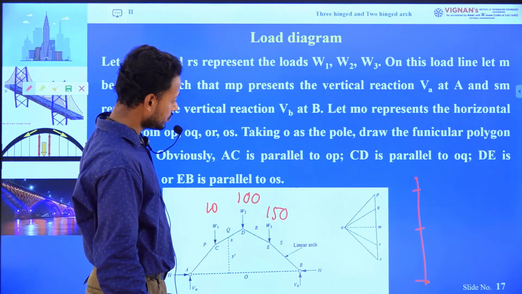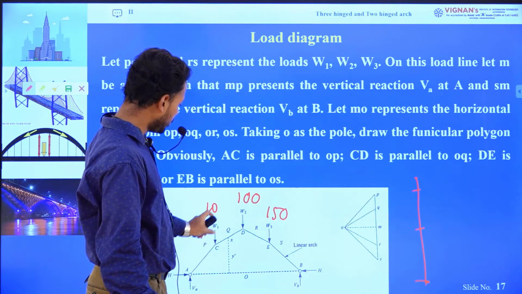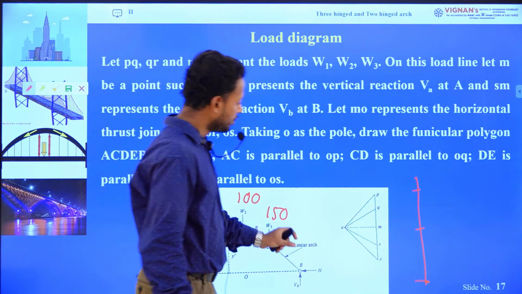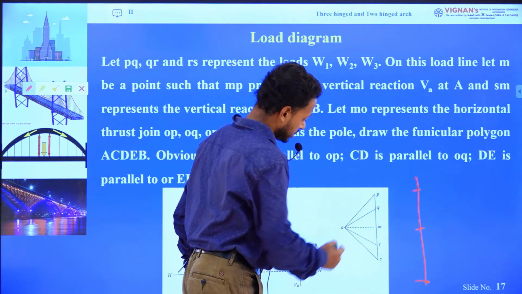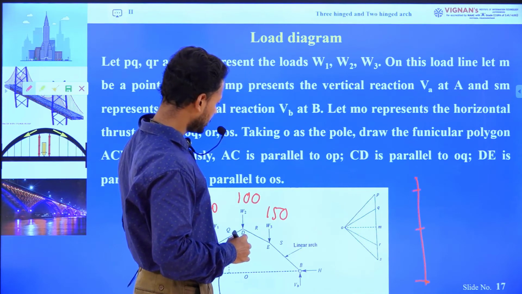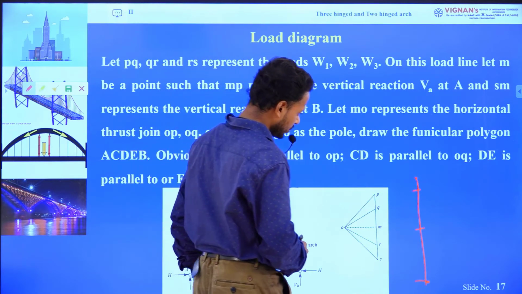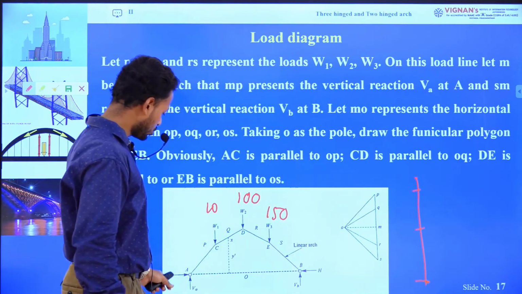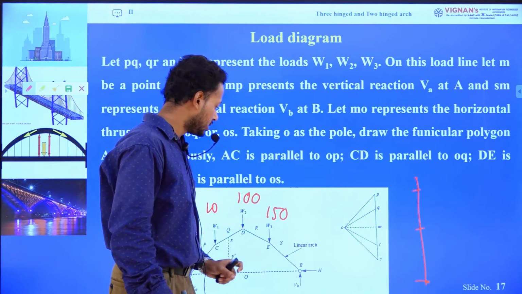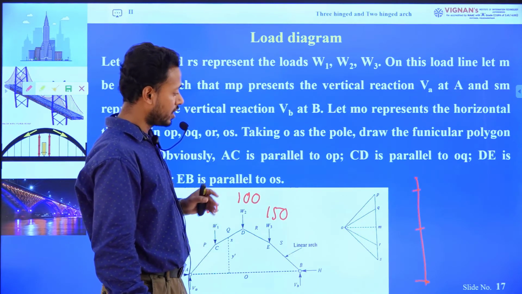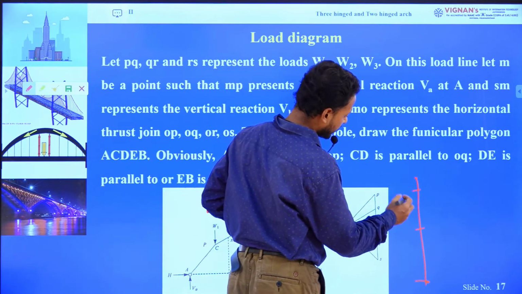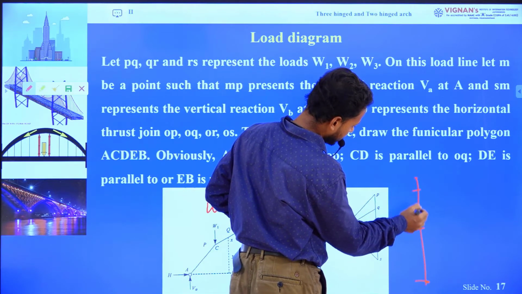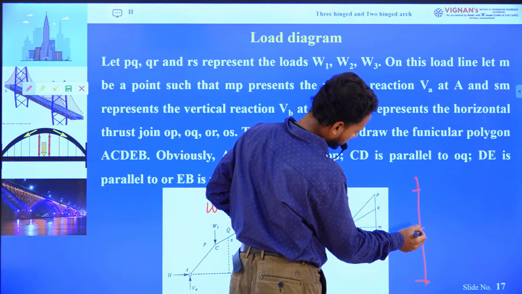Now this W1, W2, W3 will be representing PQ, QR, RS. Now you have to draw VA and VB in the same vertical line. Suppose VA is coming 115. So this is 10, this is 100, so 115 will be like this.